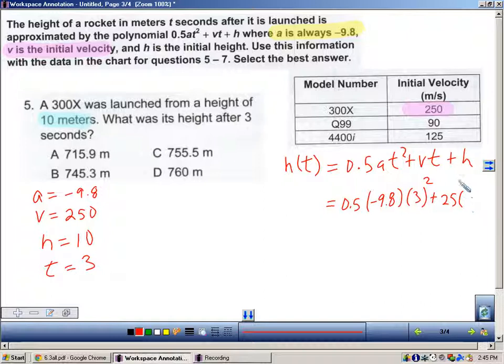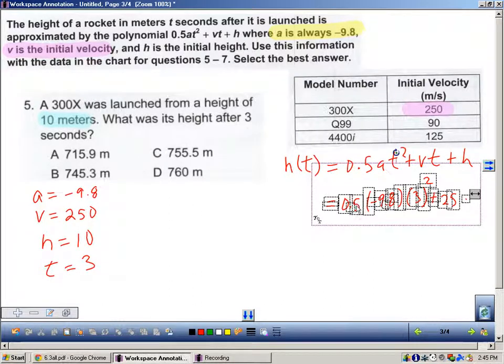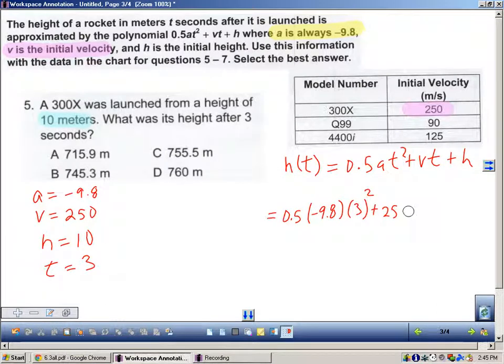And before I continue to write, I've got to slide this over, just running out of room. So let me just take this and move it over. Give myself some room. Three seconds, see it? And the height was 10.